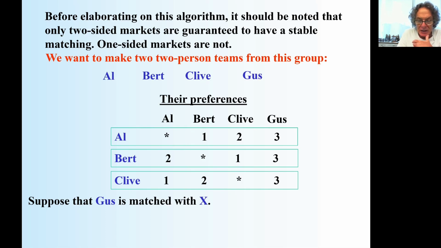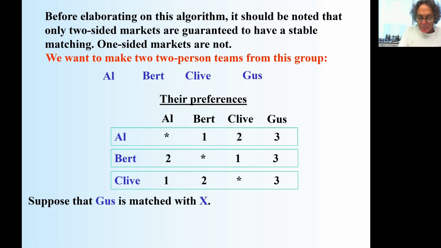I just want to say that if everyone can rank everyone, not that you have boys different than the girls, but you have Al here and Al here, Bert and Bert, Clive and Clive, in that case you may not have a stable matching.